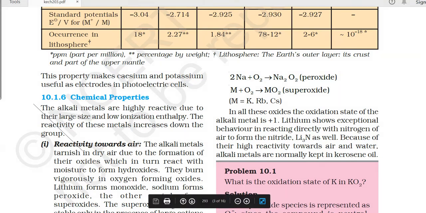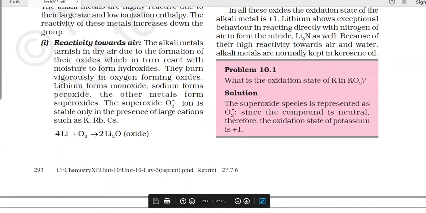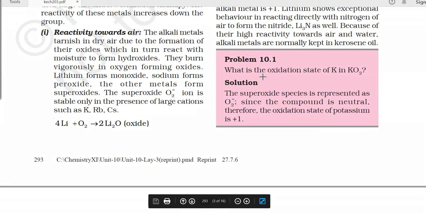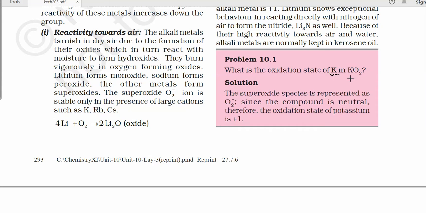Next, let's see this question: what is the oxidation state of potassium in KO2? If we look at the structure of KO2, each oxygen forms one bond with the other and one bond with potassium.